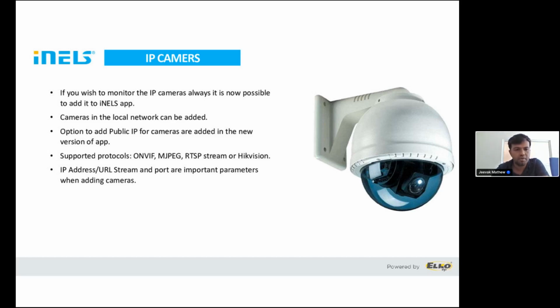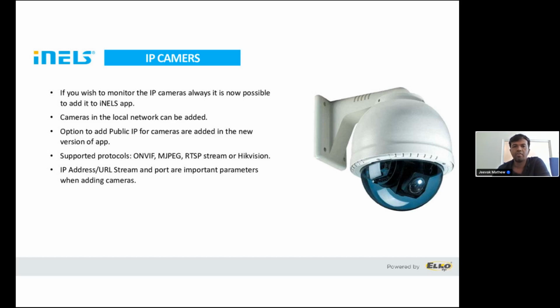First, we will talk about how to add IP cameras. As you know, in the iNELS application, if you go to accounts and third-party settings, you can add IP cameras directly to the iNELS application. There are several parameters you need to know before adding them.